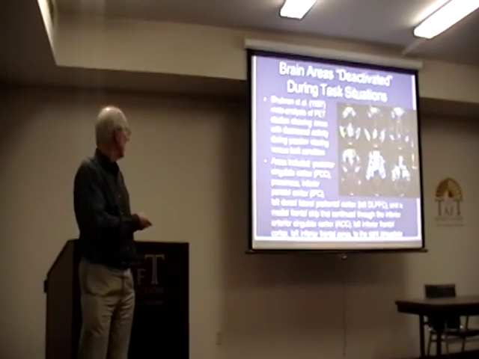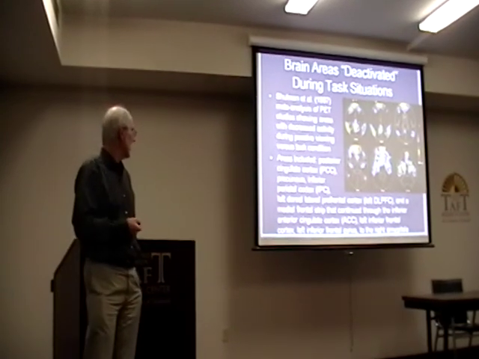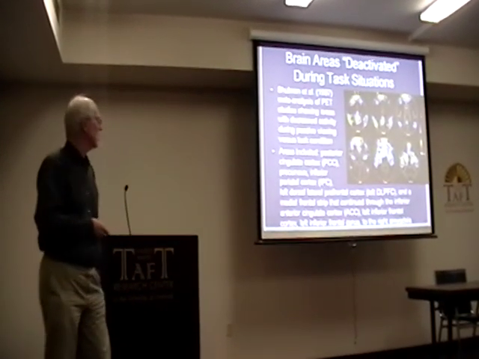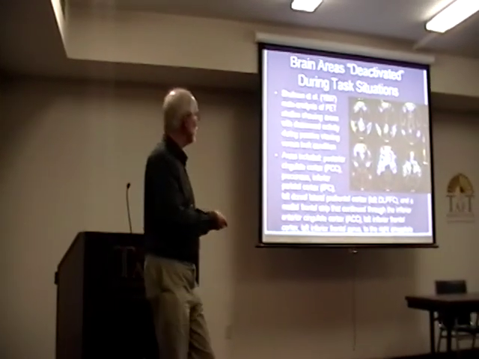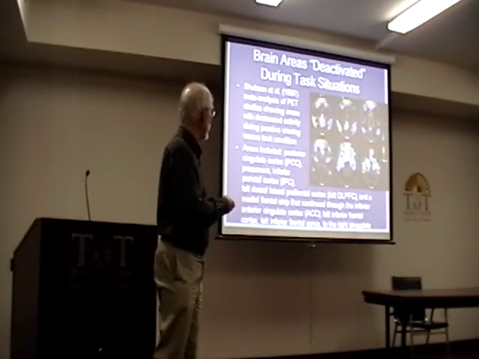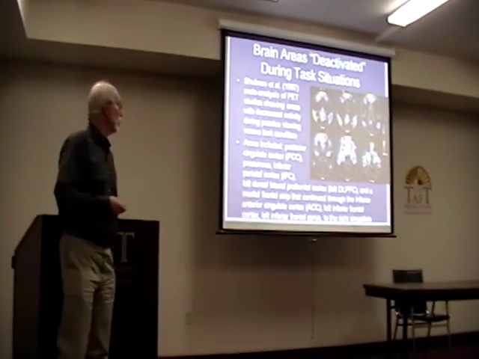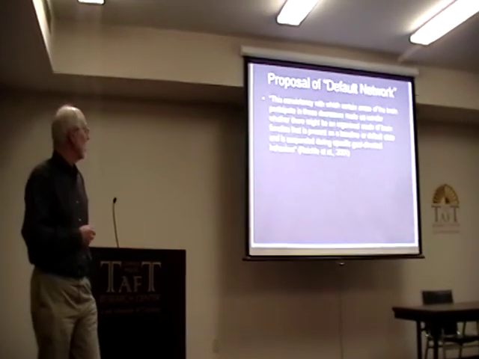Areas that included the posterior cingulate cortex, the precuneus, inferior parietal cortex, areas that are showing up in this map. Notice, unlike many neuroimaging maps, these are decreased activations showing up in red. These are areas that seem to go down in activity on the occurrence of many tasks.